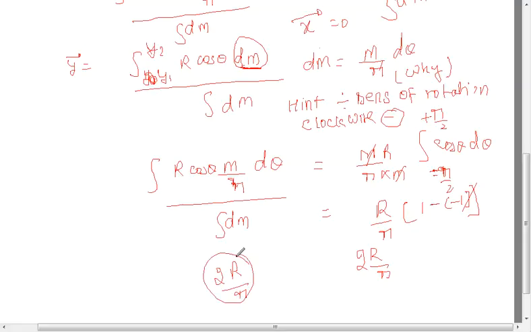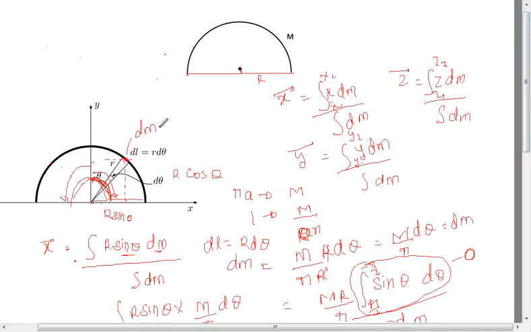This will be the y coordinate of the center of mass. Let me draw the diagram. Here the center of mass will be somewhere here, because its x coordinate is 0 and it will be somewhere here. So this will be the center of mass. Okay guys, thank you for watching.